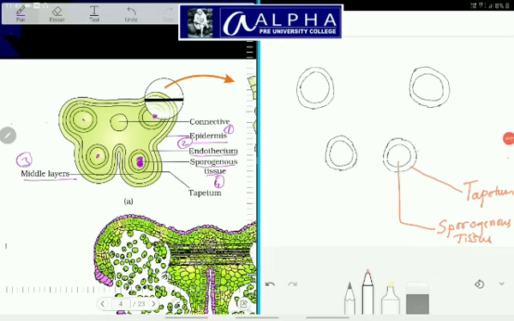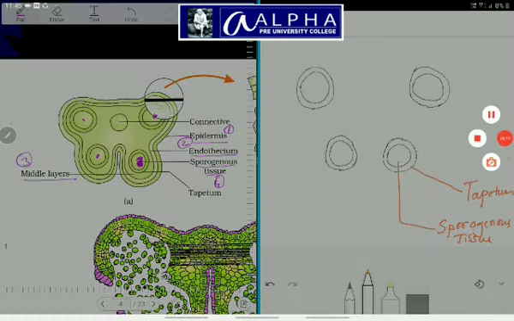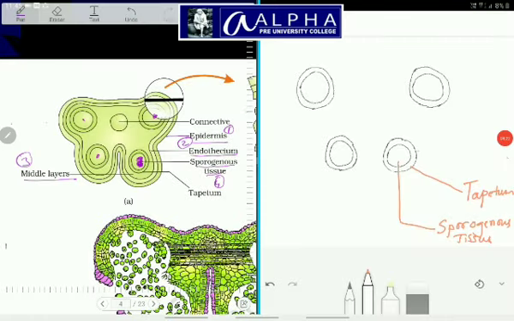Okay, now let us write border lines surrounding microsporangia, which indicates protective layers. How to write them? How many lines are there? 3 lines are there. So I'll write 3 lines here.